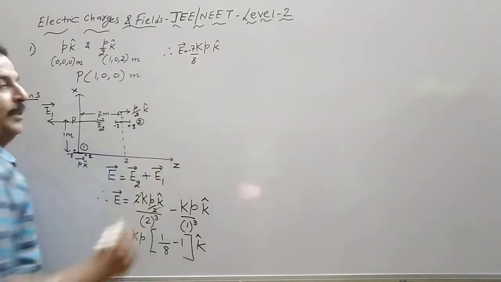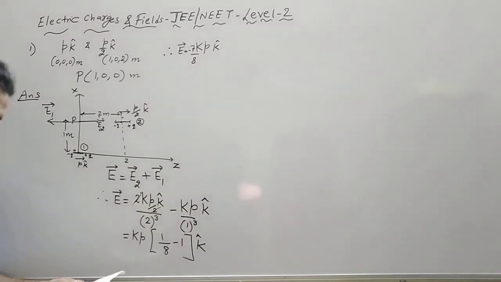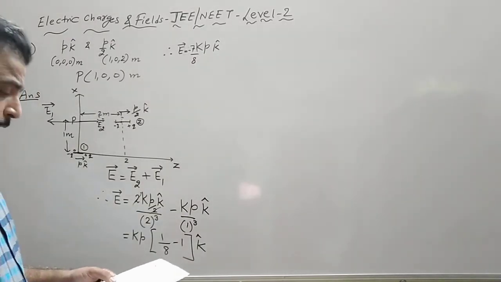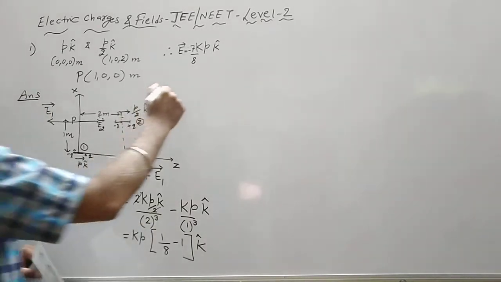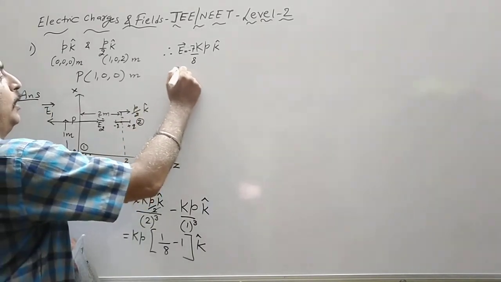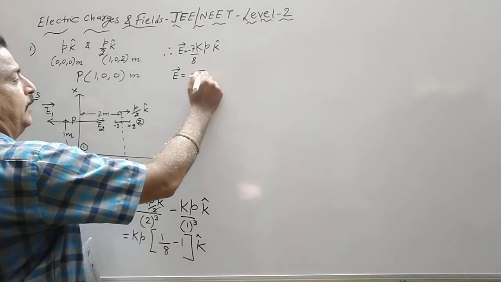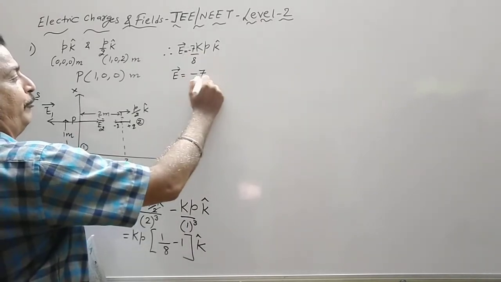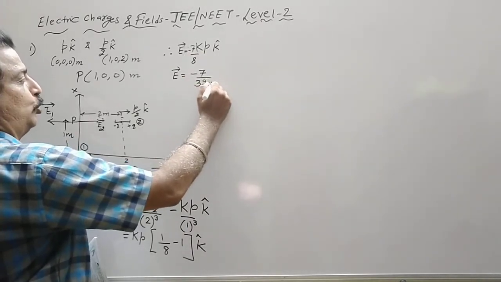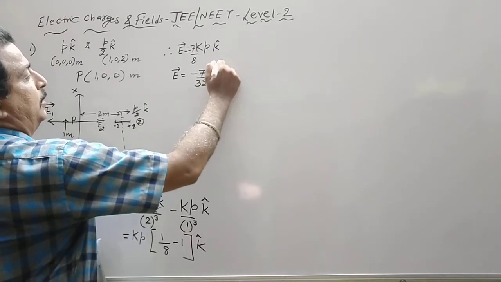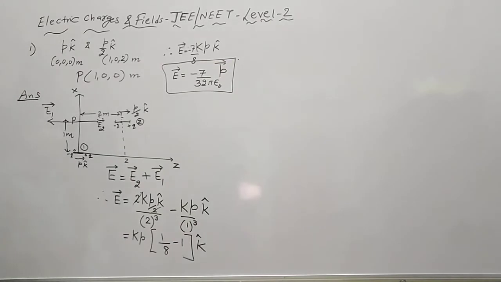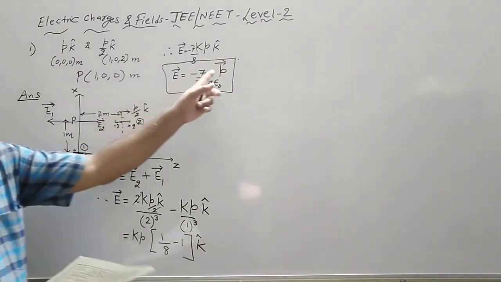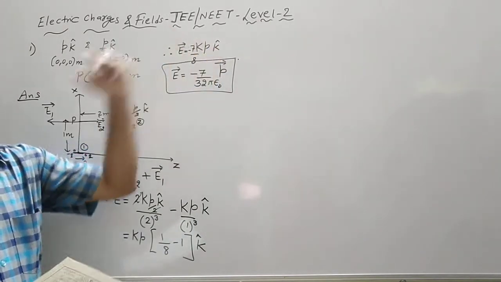So this is the minus sign. Now, in the options we have the value of k, so you have to substitute. So E is equal to minus 7 times 1 upon 4 pi epsilon naught, that is minus 7 P vector upon 32 pi epsilon naught, where the P vector is along the z axis.